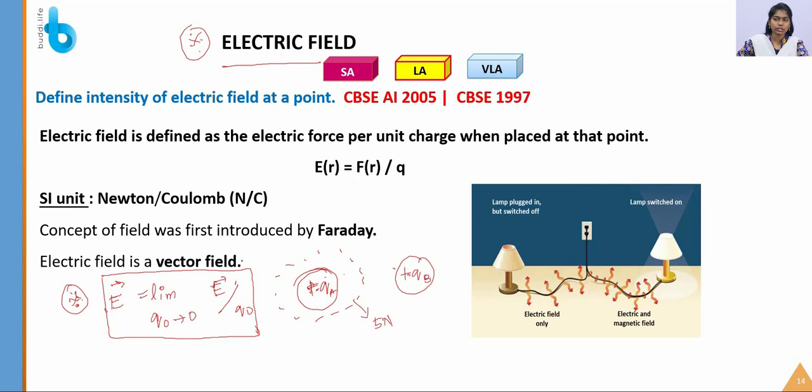So this is the expression for the electric field intensity. Okay, let's see what the SI unit for the electric field is, which is Newton per Coulomb. This concept was initially discovered by Michael Faraday. An electric field is a vector field, that is, it denotes both the magnitude as well as the direction.